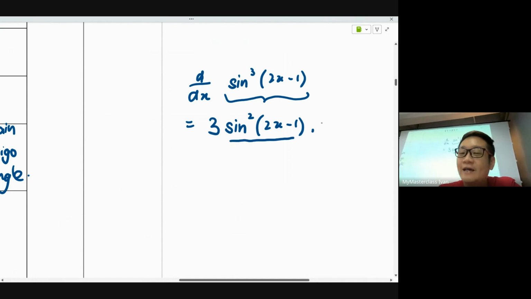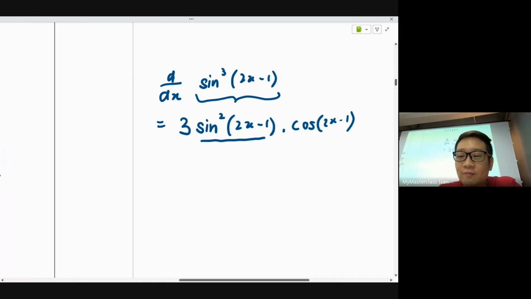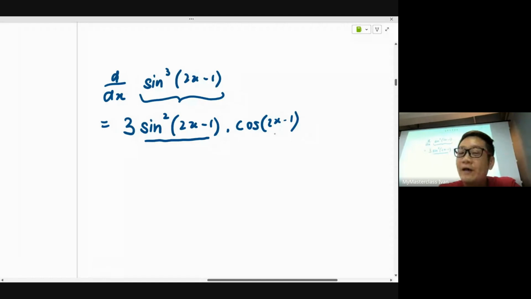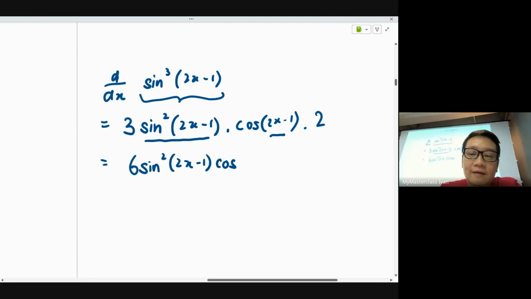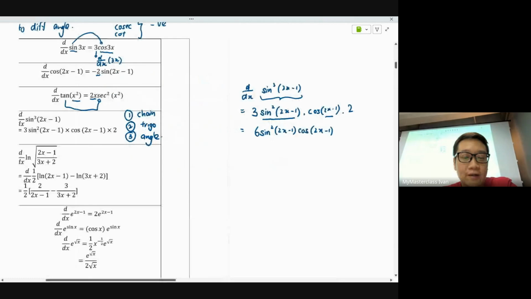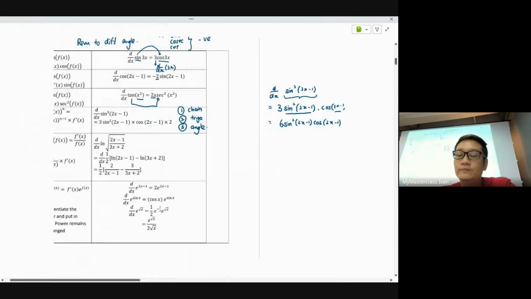Differentiate sine becomes cosine, so you write cosine 2x minus 1. That's the second part. Last part, differentiate the angle, times 2. So the answer is 6 sine square 2x minus 1 cosine 2x minus 1. And that's it. Understand? So understand how to differentiate the trigo with the chain rule.